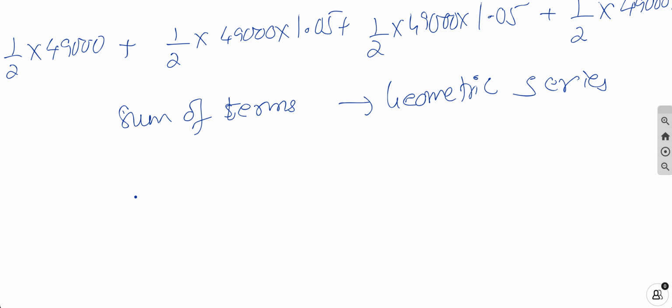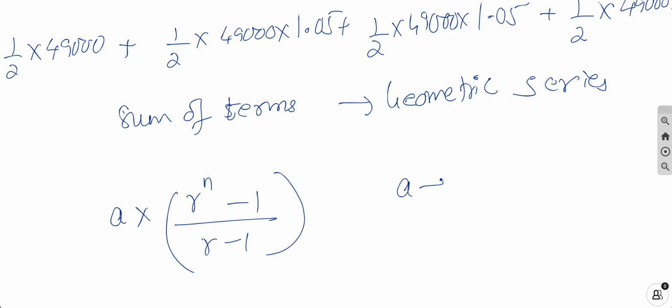And the formula for this is A times r raised to n minus 1 upon r minus 1, where A is the first term and r is the common ratio.